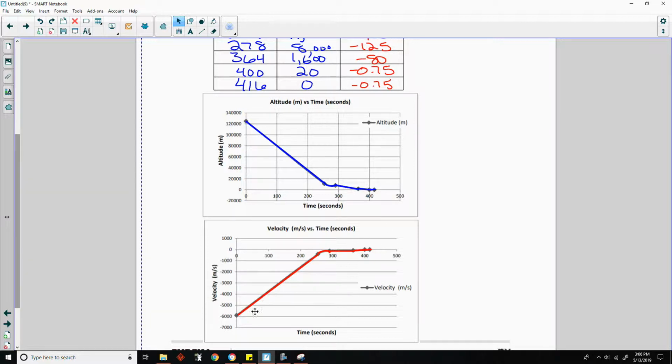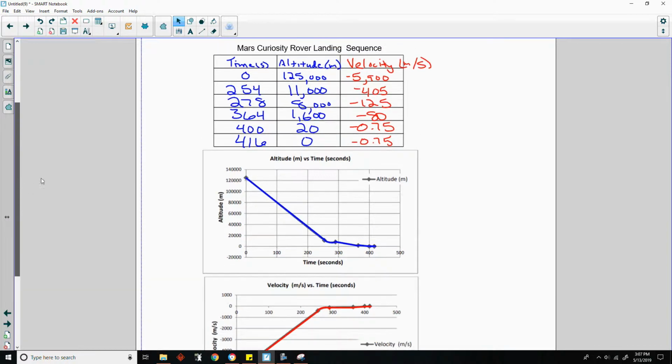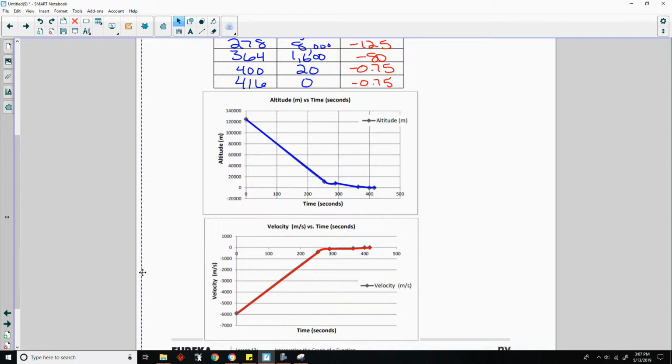Okay, so that might be a little confusing to you, because if something is decreasing, then negatively it should be getting larger. But just think of it as decreasing is getting closer to 0, not so much as getting greater negative. So these are the two graphs that you would have gotten from altitude and velocity.